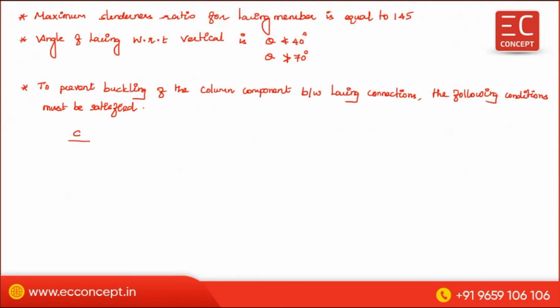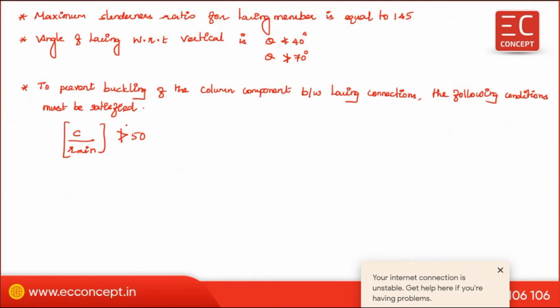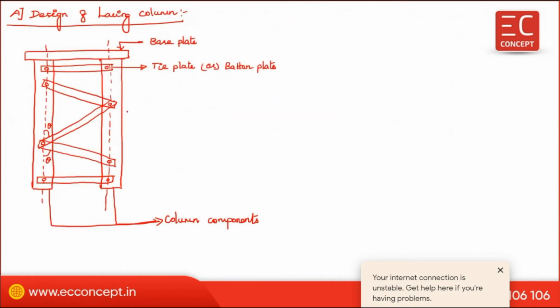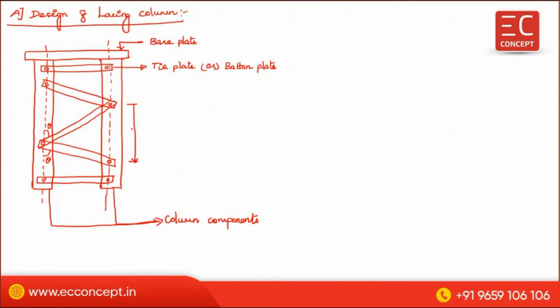That is C divided by r minimum should not be greater than 50. The meaning is this one. This is the center to center distance between the lacing members, so this is the spacing of lacing system, C. In order to avoid local buckling of this portion of the column component between these two lacing members, this condition shall be satisfied.